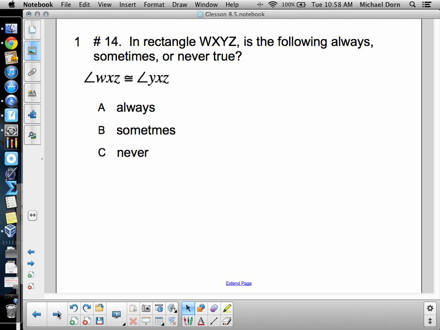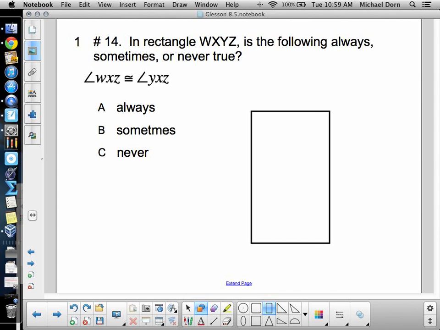In a rectangle, WXYZ is the following always, sometimes, or never true. Angle WXZ congruent to angle YXZ. Now, how in the world do we answer this? I don't know what it looks like. What are we going to do? Draw a picture. It's a rectangle. It's called WXYZ.